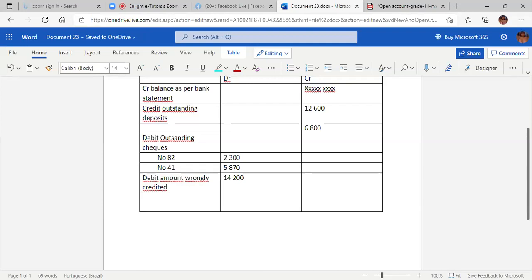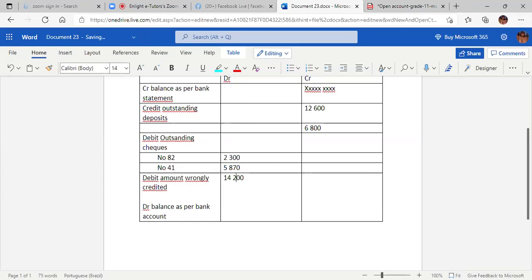91,735, and it was a debit, right? It's favorable. So debit balance as per bank account.